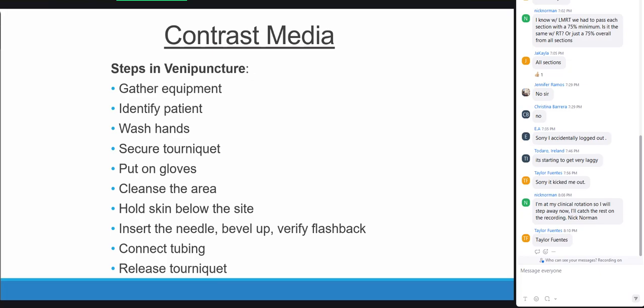Wash your hands and secure the tourniquet. Then put on your gloves, cleanse the area, hold the skin below the injection site, insert the needle with the bevel up and verify flashback, blood coming back. Then connect your tubing, release the tourniquet, and then inject.